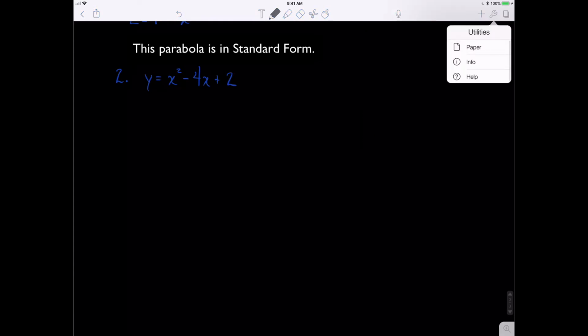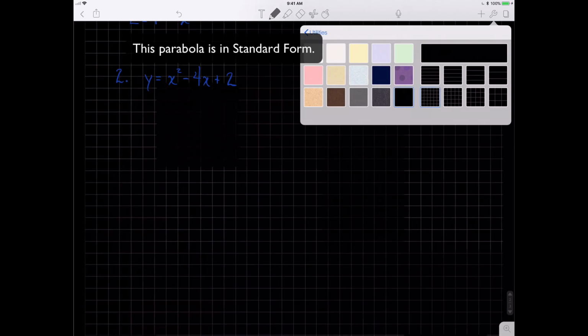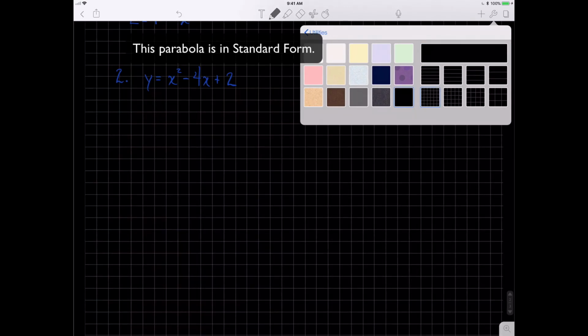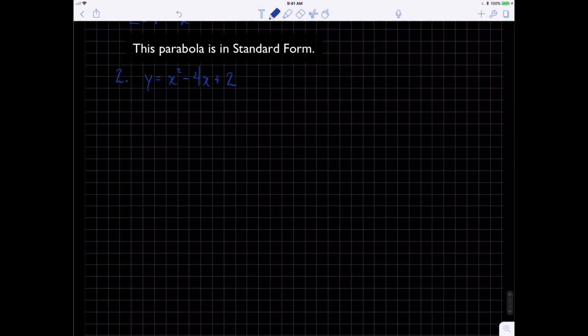If you were to graph this, you would find its vertex. Let's try this. Remember, we complete the square, so we would subtract 2 from both sides.